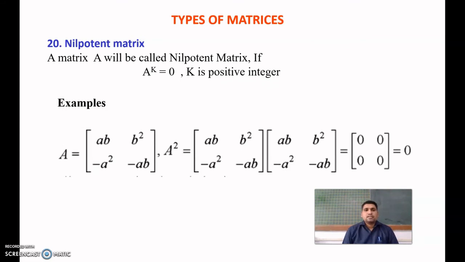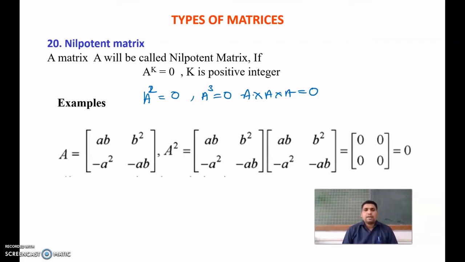Now next, nilpotent matrix. Suppose we square the matrix and we get the answer 0, or we cube the matrix, meaning A into A into A, and you get a null matrix or 0 matrix.